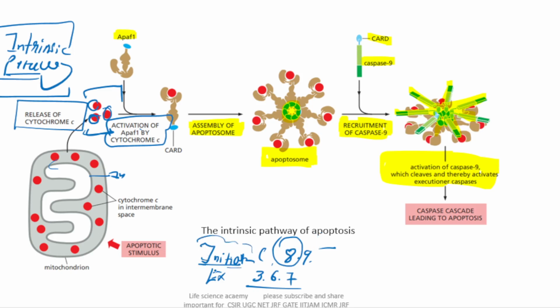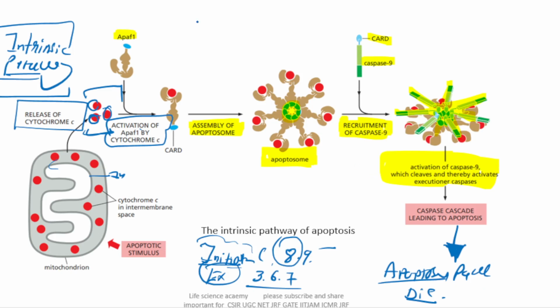Finally, the initiator caspase activates the executioner caspase. Once the executioner caspase is activated, the target cell definitely goes into the apoptosis pathway and will die. So this is the intrinsic and extrinsic pathway of apoptosis.